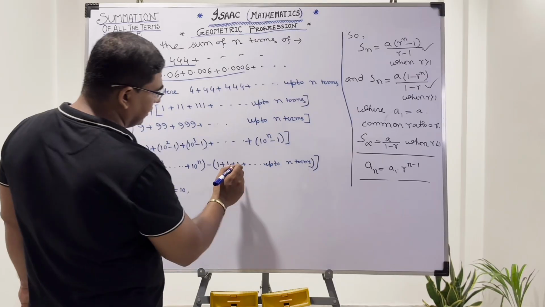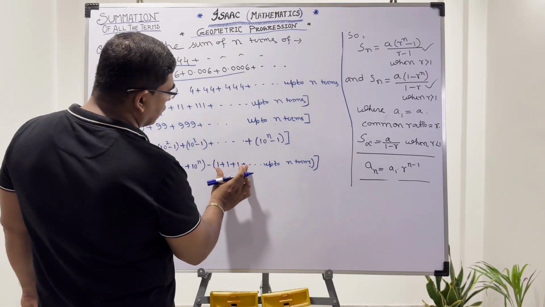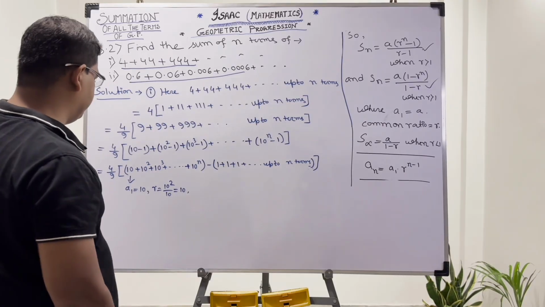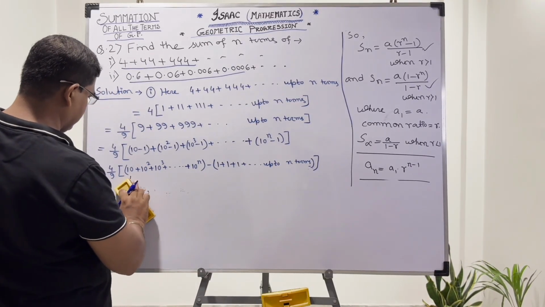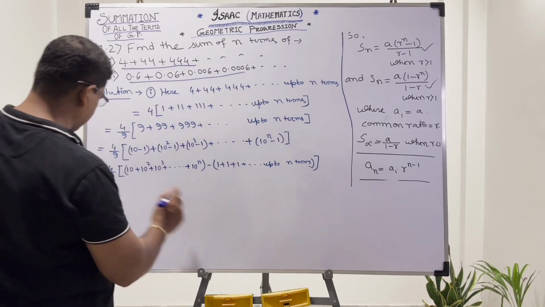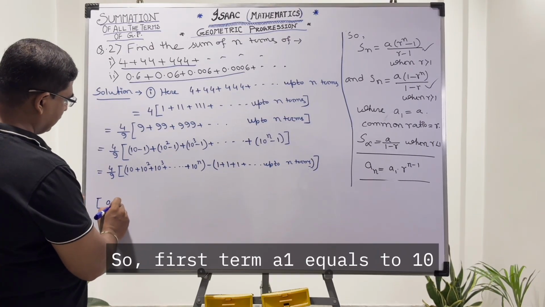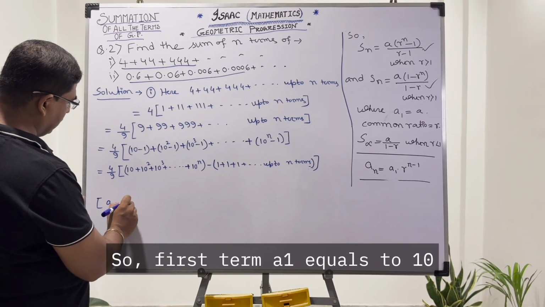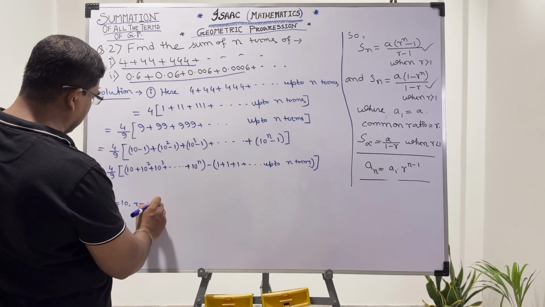And this represents a constant series. So first term A1 equals 10 and common ratio R is also 10.